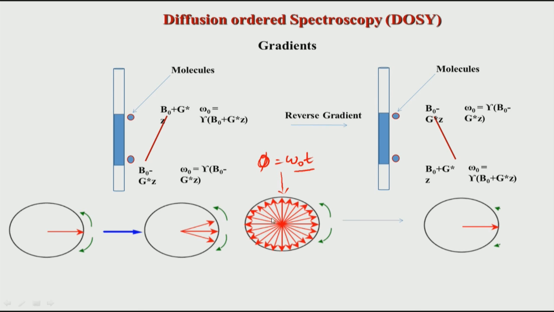All the spins here which have dephased have gone by different angles, because they are along different parts of the sample. Because they are at different parts of the sample, they have experienced different omega zeros, but t is the same for all, because this is the gradient time. So, their phases are all different, and because of that they underwent a complete dephasing.